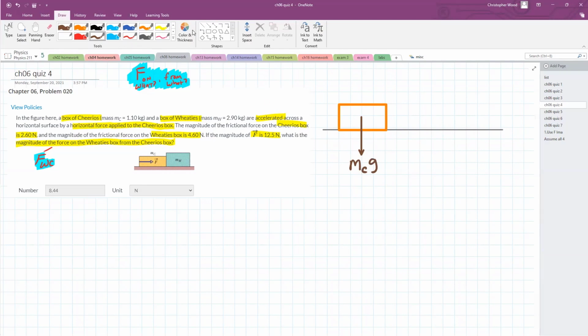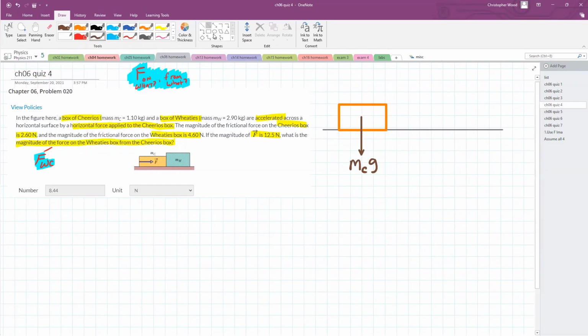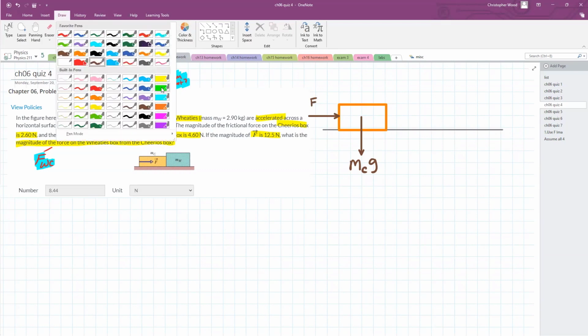What else? Oh, I have that externally applied force, that F force. So I will add that. This is my externally applied force, F. So this is F. What else? Or is that it? Well, no, there's the normal force. And the normal force technically acts on the shared contact surface.